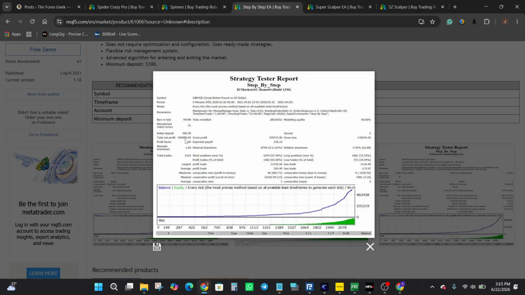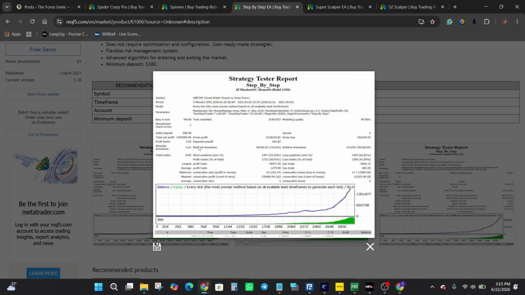In this case, we have over $599,000 in net profit, and we have 65.06% win rate. For GBP CHF, we have over $1.6 million in net profit, we have about 58.91% win rate. Okay, that looks pretty okay.